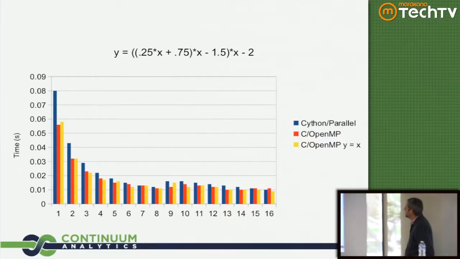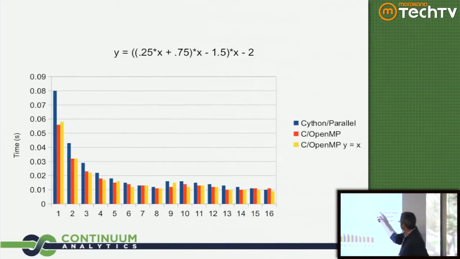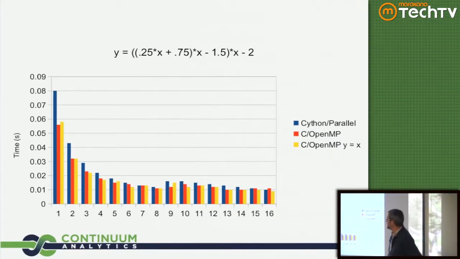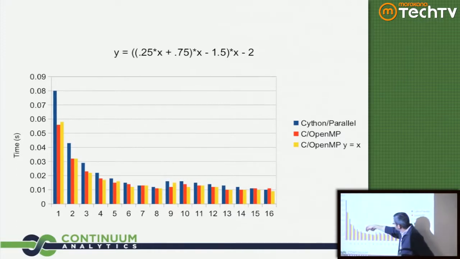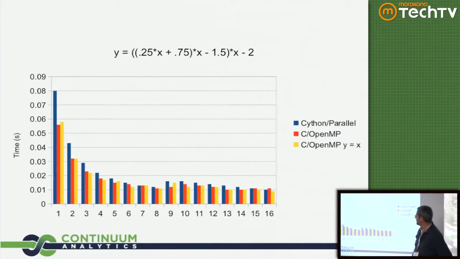to conclude, let's see how the parallel implementation of Cython compares with the pure C OpenMP version. Okay. So the parallel version of Cython is in blue, and the C OpenMP is in red. Okay. So for one processor, Cython has some overhead, but this overhead reduces as we are throwing more processors into the computation.